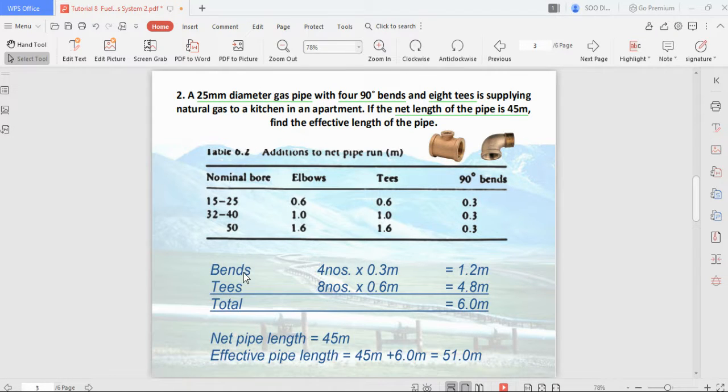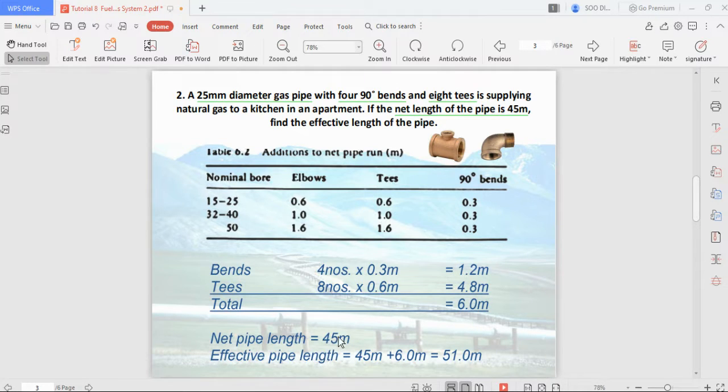So what you have in the kitchen in an apartment is a total length which you can physically see of 45 meters, but due to the bends and tees that you have in place to route the pipe to your kitchen, you are effectively adding an additional 6 meters, which you cannot see, additional resistance to your piping system.